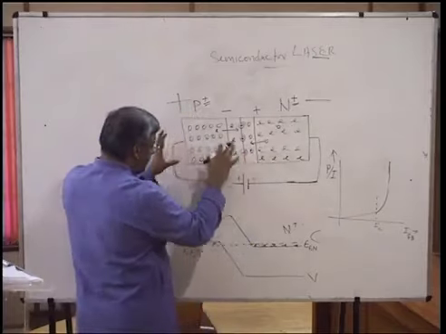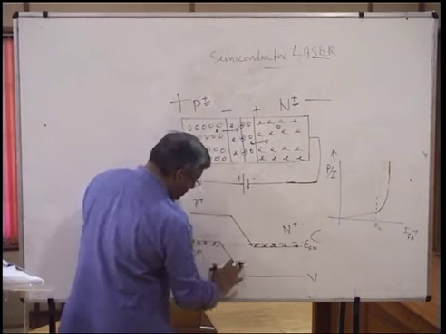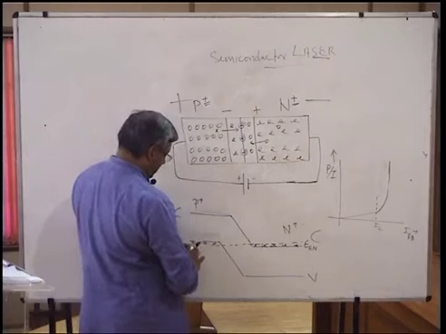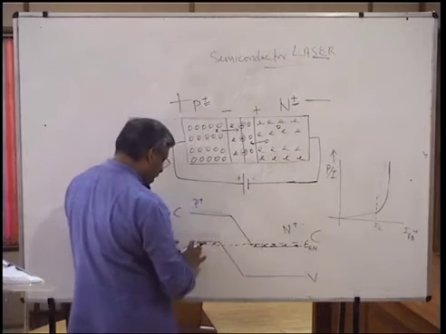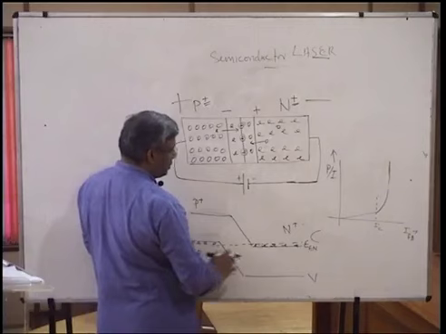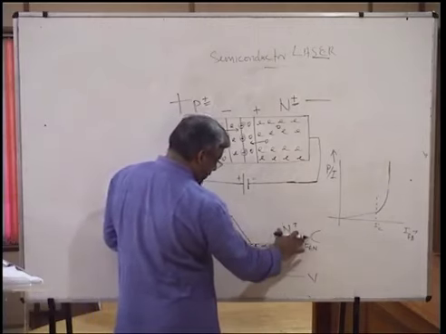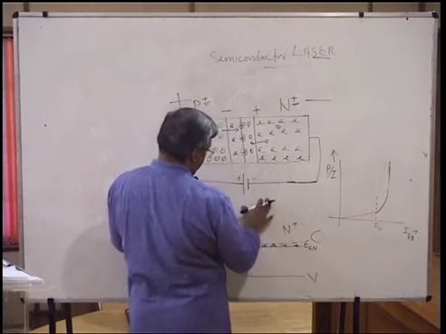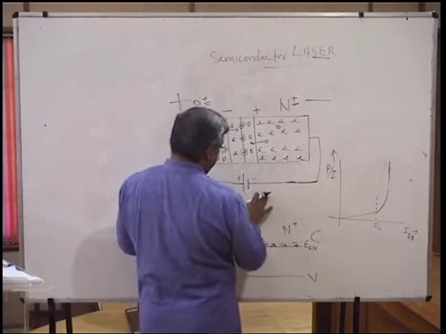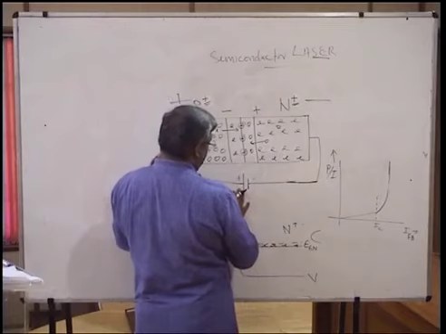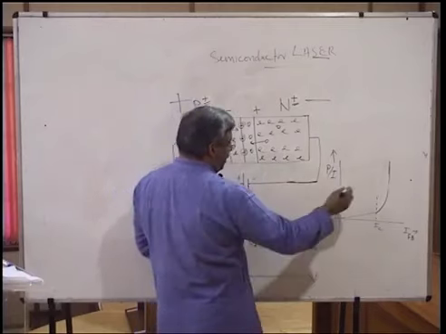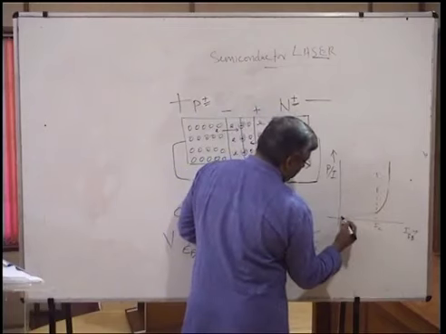This P and N material should be doped in such a way that the Fermi level lies at the same time in the valence band of the P plus region and the conduction band of the N plus region, which means it is doped till degeneracy. Such a material is given a forward bias. Now, on the forward bias, there is also another condition. Let's imagine we are forward biasing.